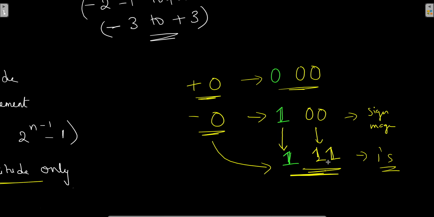Here also two representations are possible: for plus 0, 0 0 0, and for minus 0, 1 1 1. To avoid that, we go for 2's complement and check whether a single representation for 0 is possible or not.